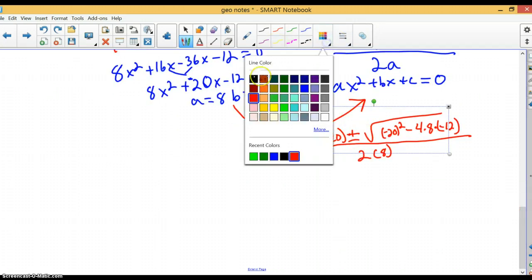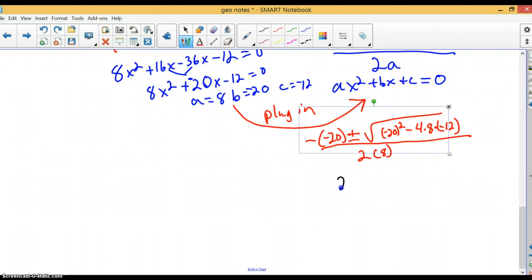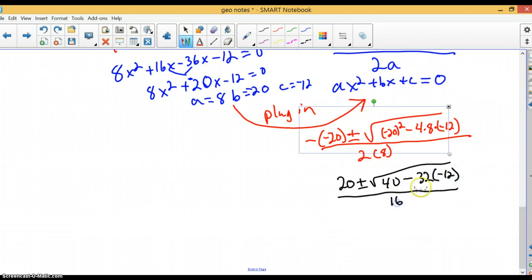And then from here we work on simplifying. So we would have 20 plus or minus the square root of 400 minus 4 times 8 is 32. We can keep this negative 12 for now, all over 16. And then our next round of simplification, we want to combine these two. So we would have the square root of 400. A negative times a negative gives us a positive.